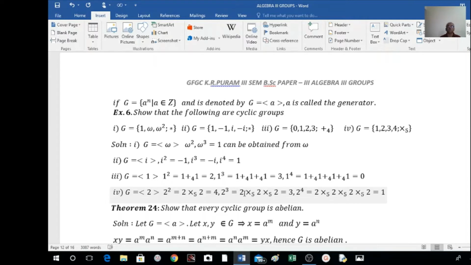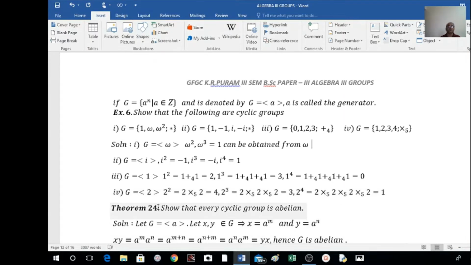2 cubed means 2 into 2 into 2, which is 8. 8 divided by 5 leaves remainder 3. Next, 2 to the power of 4 is 2 into 2 into 2 into 2, that is 16, and if you divide 16 by 5, the remainder is 1.